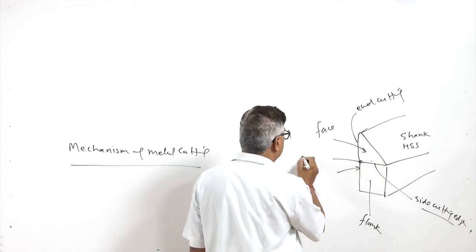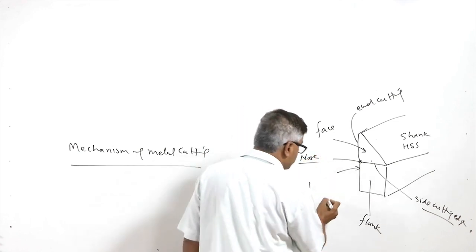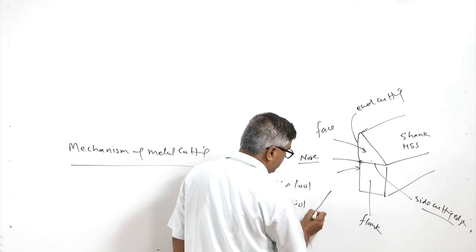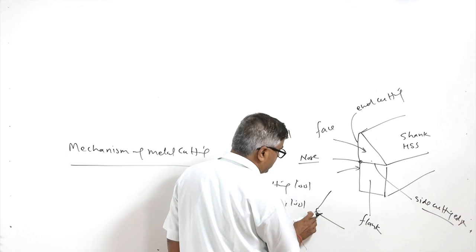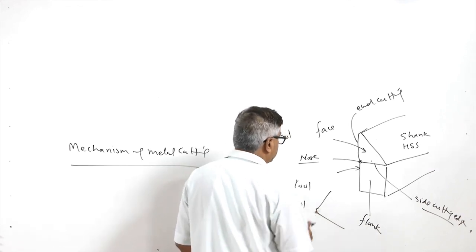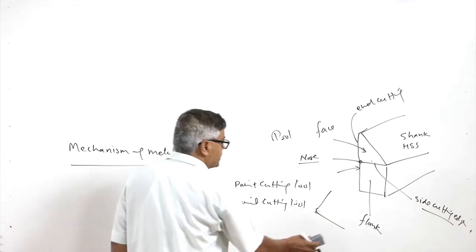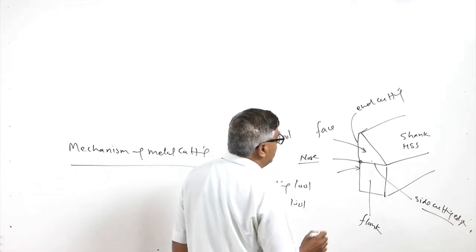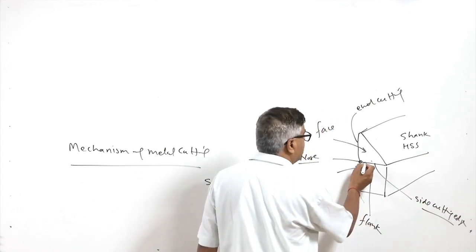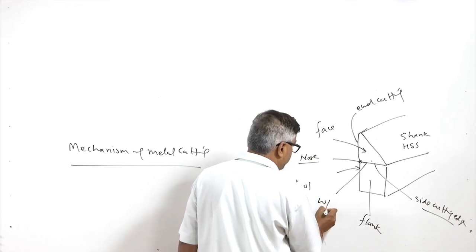This is called the nose of the tool, and the nose is not pointed, but some radius is given so that it gets the desired strength. The radius given to the nose is termed the nose radius, and the side cutting edge is mostly the cutting edge which interacts with the workpiece.